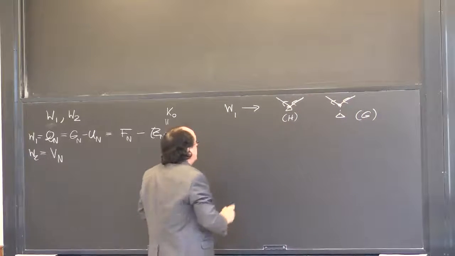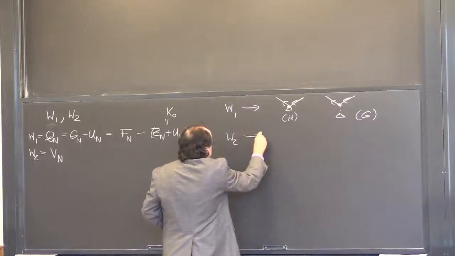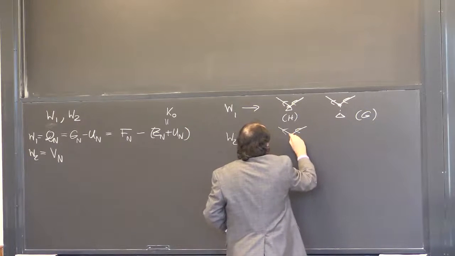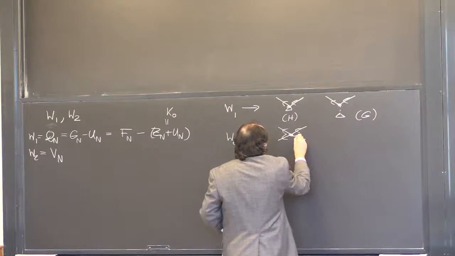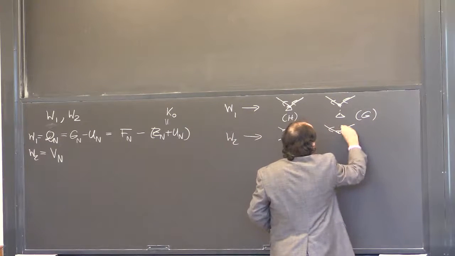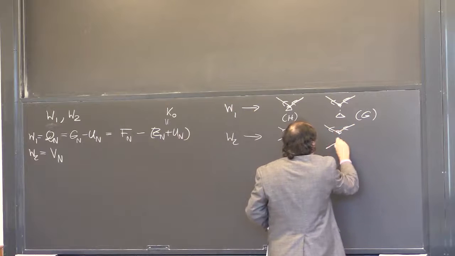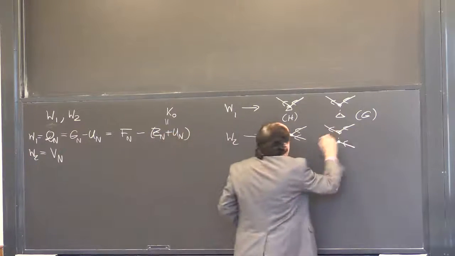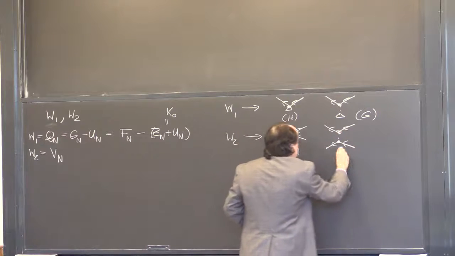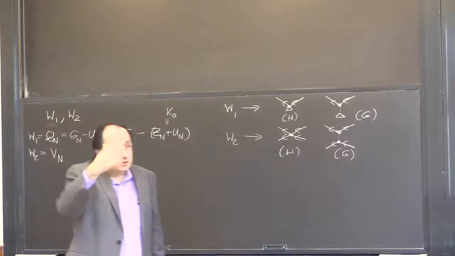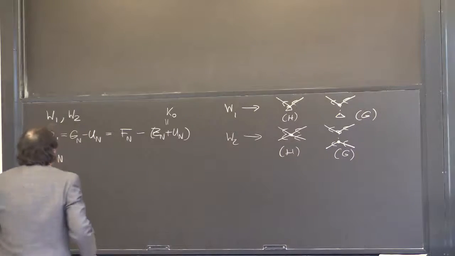For W2, of course, we rely on our already well-known representation, where this is the Hugenholtz vertex, and for the Goldstone we have a super vertex consisting of two simple vertices.